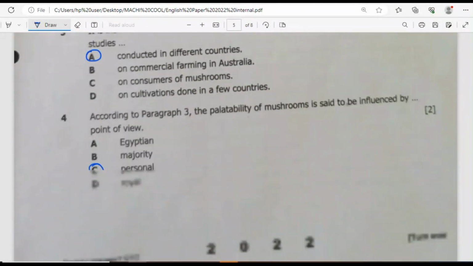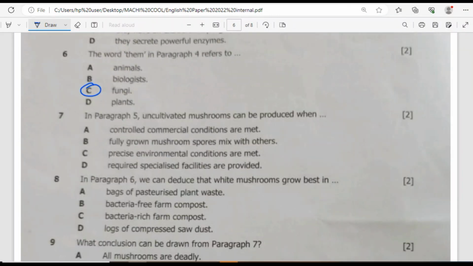So we can go to the question: uncultivated mushroom can be produced when controlled commercial conditions are met, fully grown mushroom spores mix with others, precise environmental conditions are met, or required specialized facilities are provided. So the answer is fully grown mushroom spores mix with others.